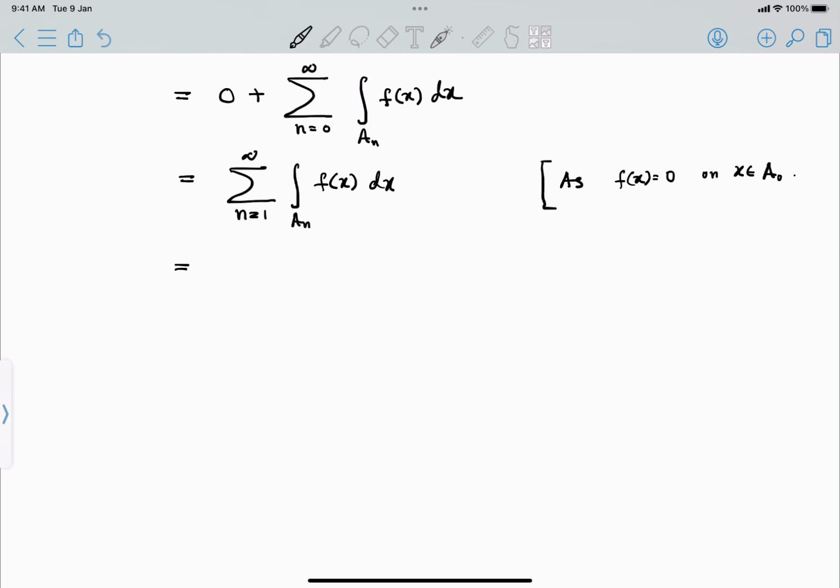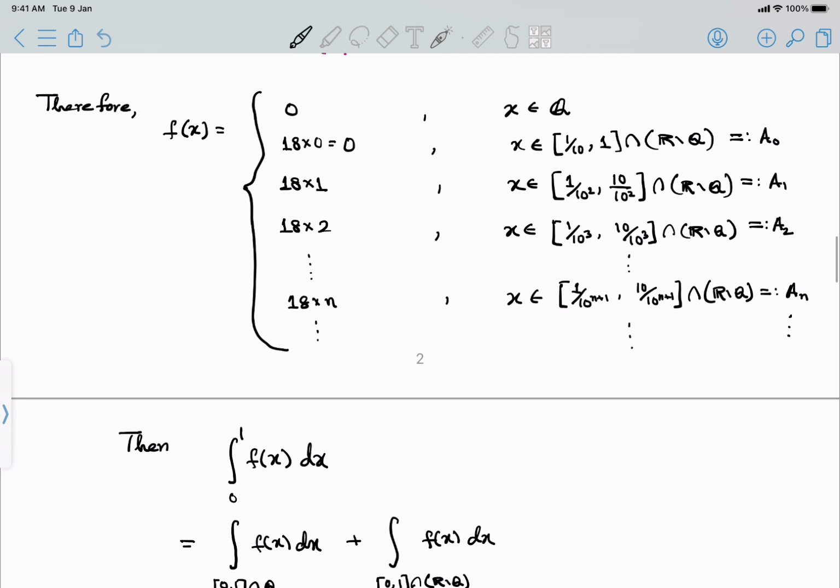Now what is an? It is basically this interval intersection irrationals, and the complement in the interval is the rationals, which is countable, so the integral over it will be 0. So the integral over this set is the same as the integral over the interval intersection irrationals, that is over an.